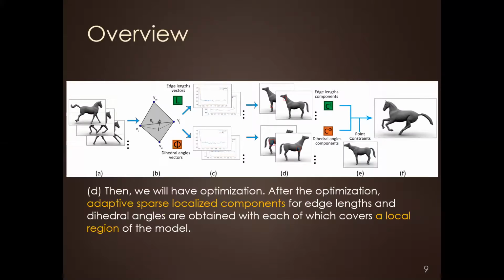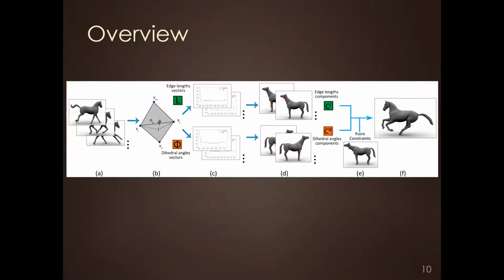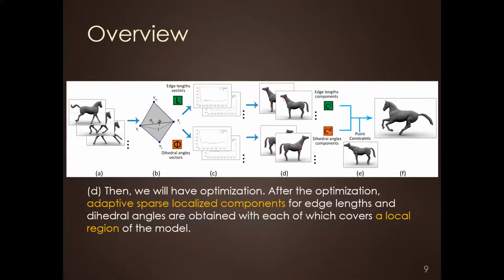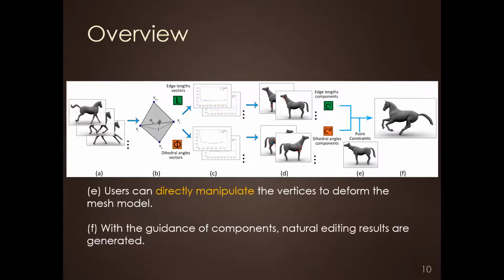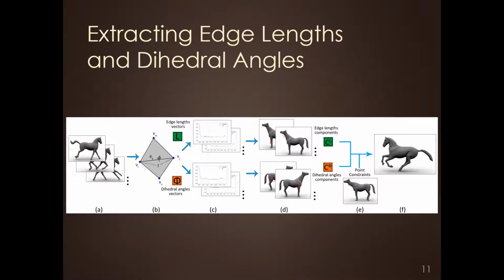And then we have the decomposition optimization. After the optimizations, adaptive sparse localized components for edge lengths and dihedral angles are obtained, each of which covers a local region. And users can directly manipulate the vertices, and with the guidance of the components, the editing results are generated.